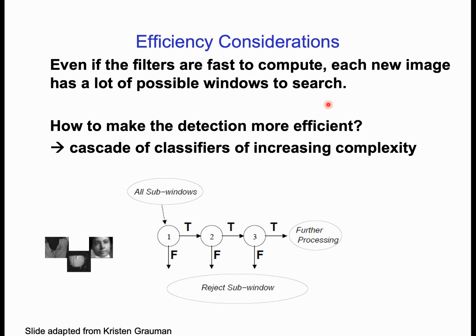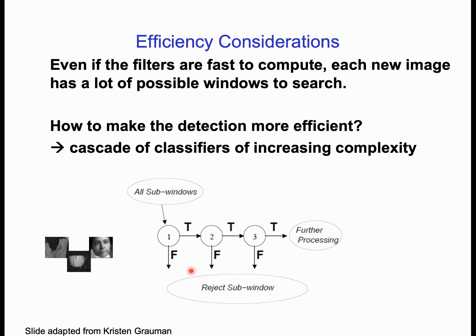Basically, the first classifier is not a very strong classifier, but it's able to get rid of many of the patches in the image, saying that they don't have a face. The important point is this classifier does not get rid of any patches with faces. So it has no false negatives, but a very small number of false positives.